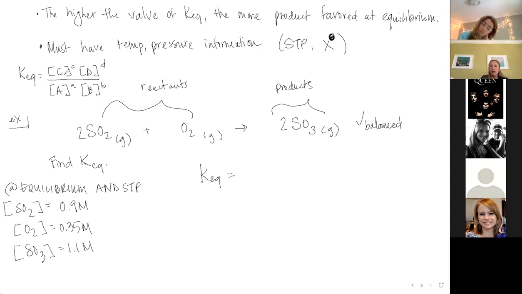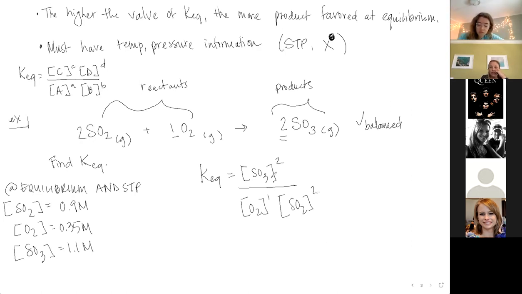Here our products are only this SO3, and its balanced molar amount here is 2. Then we divide by our reactants, which are oxygen to the power of 1 and sulfur dioxide to the power of 2.